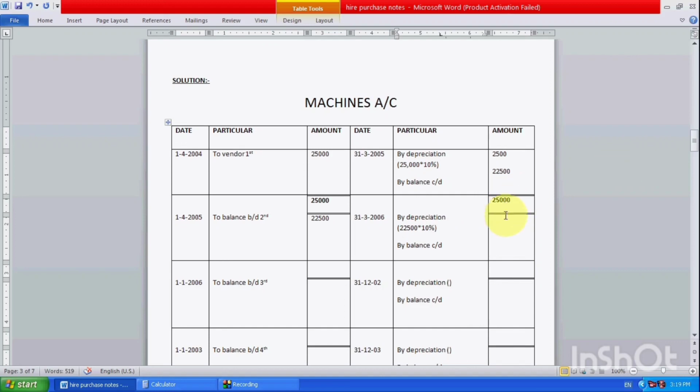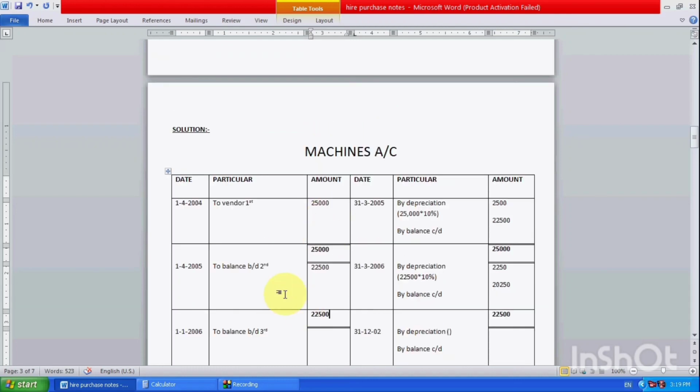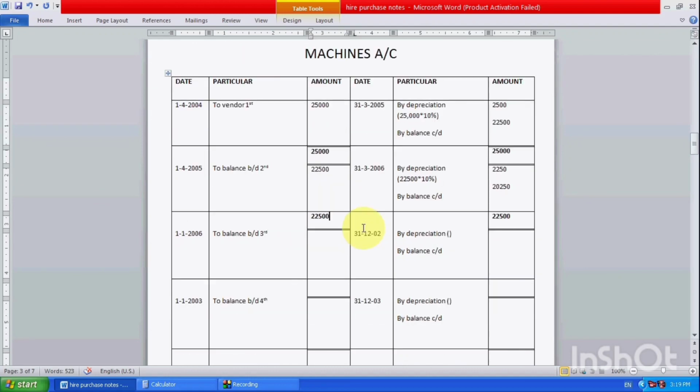By depreciation, 22,500 into 10%, 2,250. So the remaining amount is 20,250. Tally the ledger, 22,500, 22,500. Only 2 years we have to do here, first year and second year. This is the way the machine account we have to prepare. An extra ledger I have made for my other question purpose.